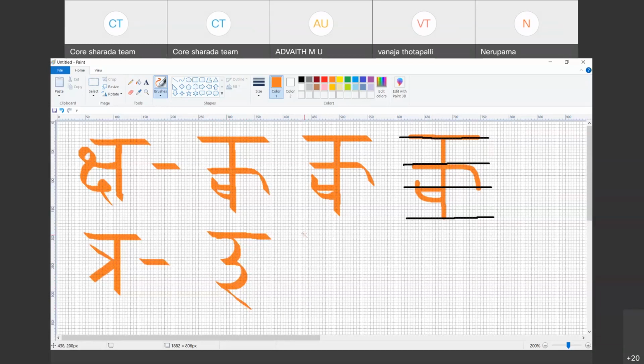I'm going to draw it one more time. Once you have written the Ta, you will extend this line here and this becomes Tra. Make sure that when you draw this line at the bottom, it should be a little longer. Don't keep it short like this.